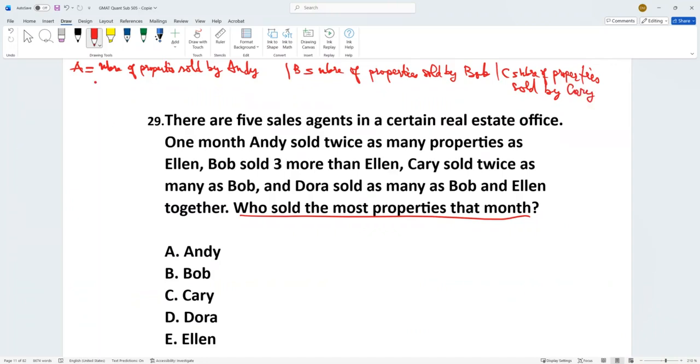And D is equal to the number of properties sold by Dora, and then E is going to be equal to the number of properties sold by Ellen.